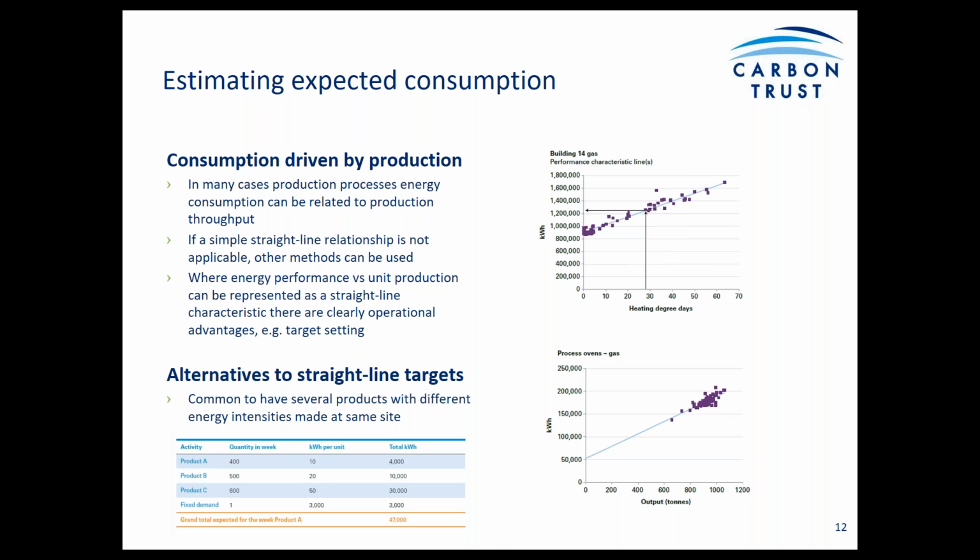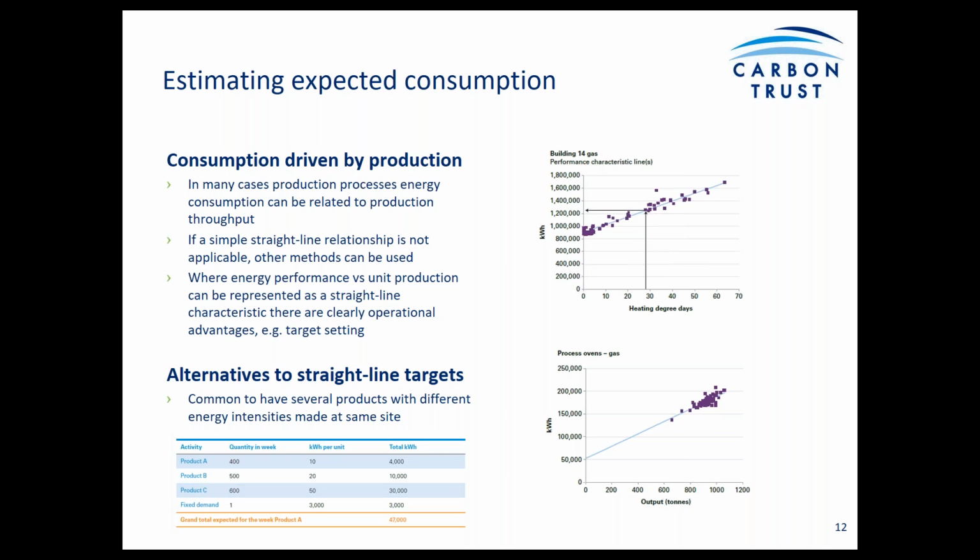For example, target setting can be relatively simple, where there is a direct relationship between the production volume and the energy use of the systems, and targets of energy consumption per unit can potentially then be produced.